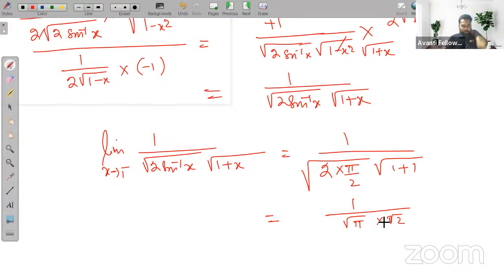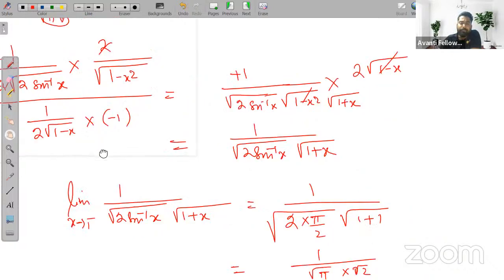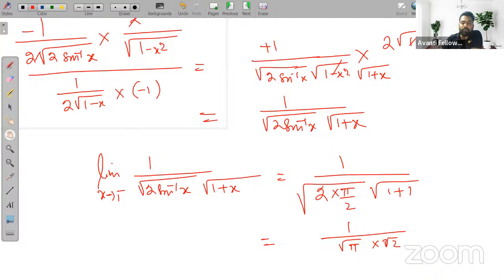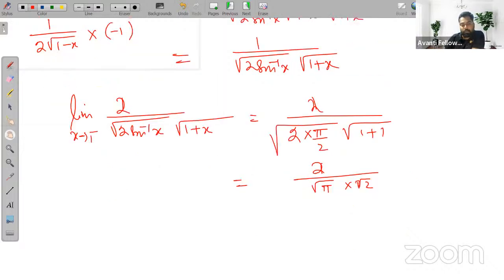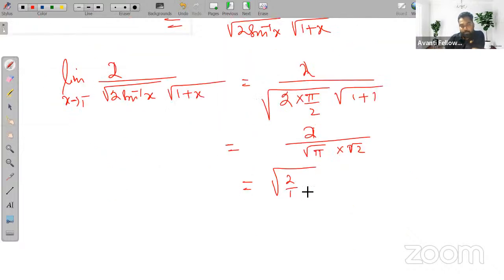So in the numerator we have 2 again. Let's check. Is this the answer or anything else? Yes, in the numerator also we have 2, na? So this will be 2. So the answer is 2 by pi. This is your answer to the first question. Root of 2 by pi is your answer.